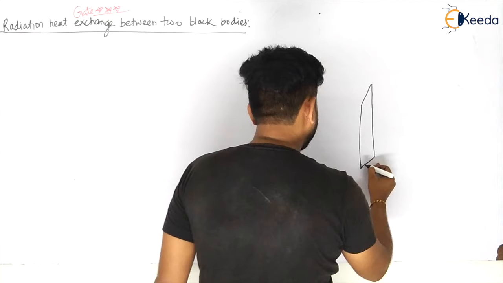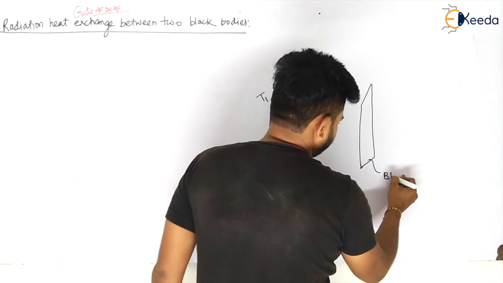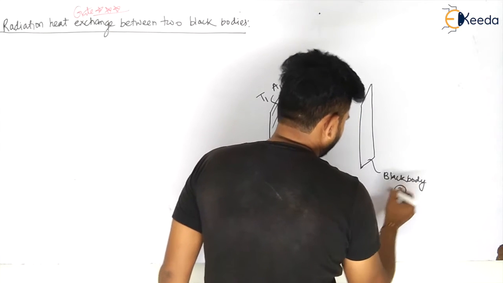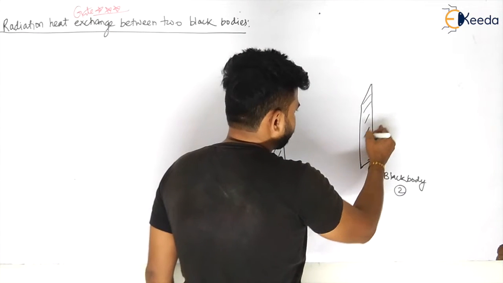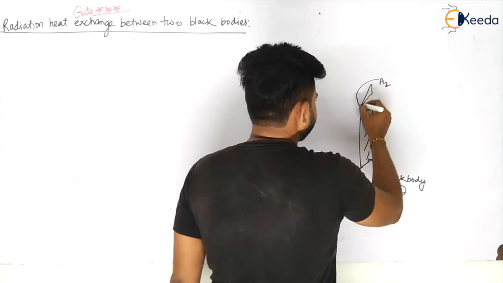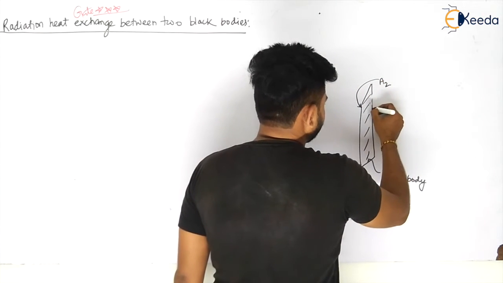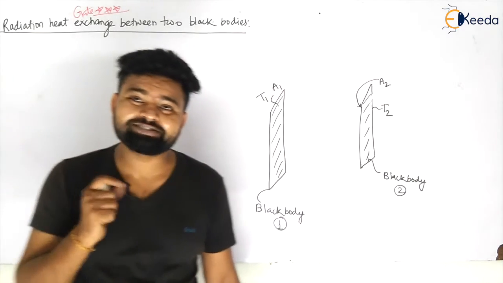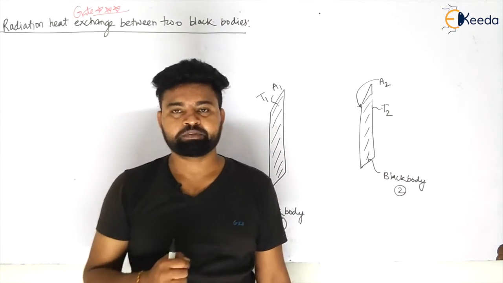This is having some area A2, and let us take the surface temperature as T2.